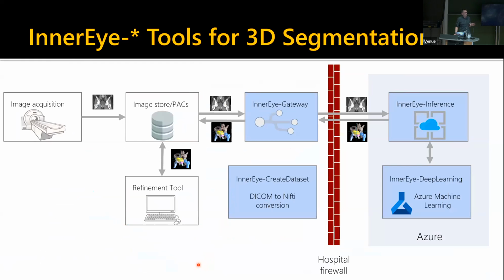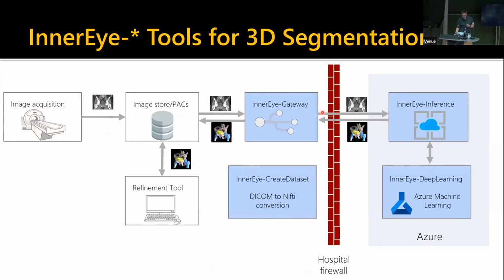Just a quick recap of how a clinical workflow for using medical imaging would typically look. So you have a CT scanner here. The acquired image gets sent over to the hospital's image store, the PACS system. And this all happens via the so-called DICOM network.